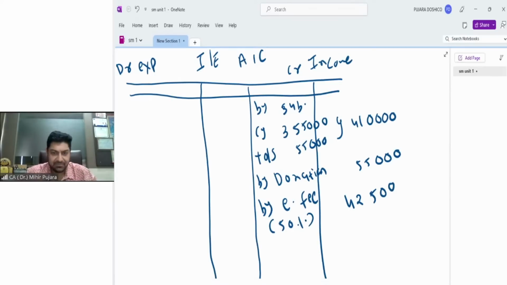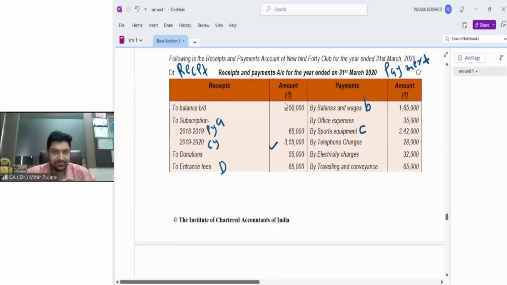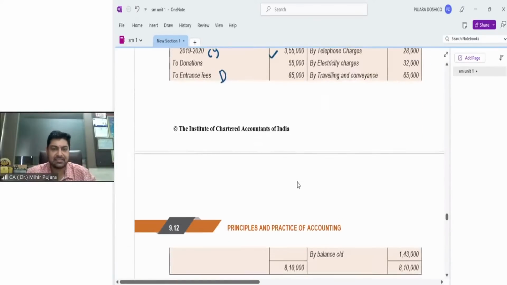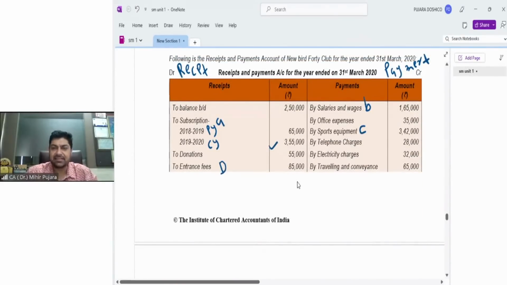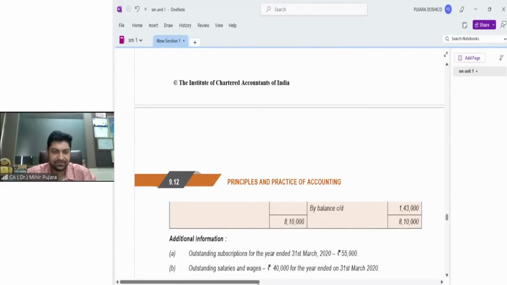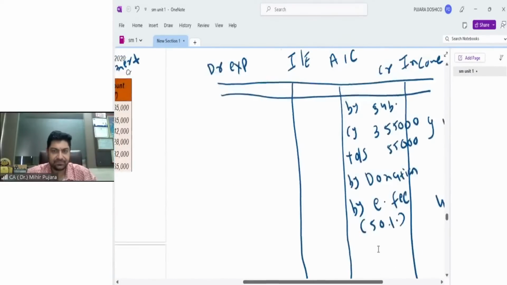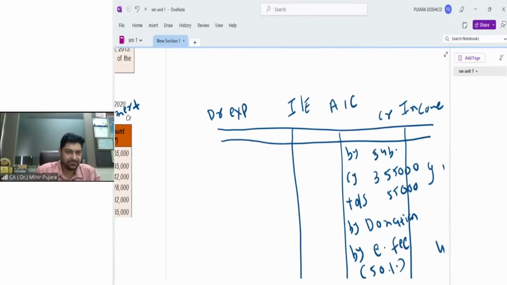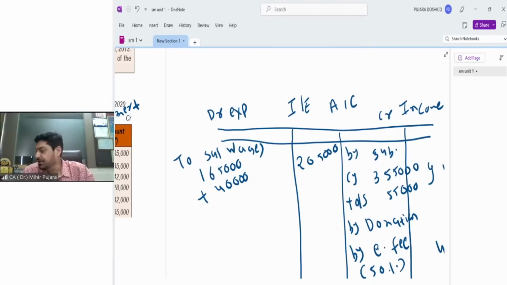Okay. Income side is over. Expense side. Salary wages 165. Outstanding is 40. Simple, guys. 2,05,000.